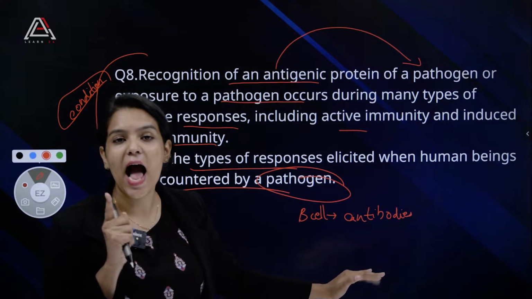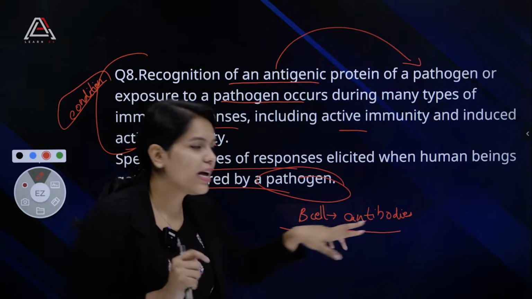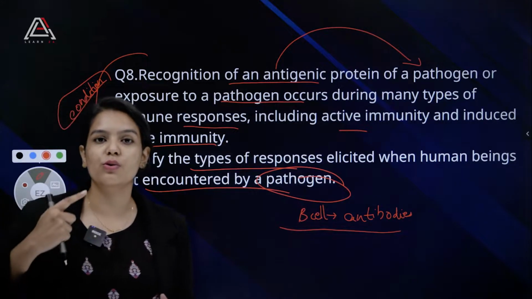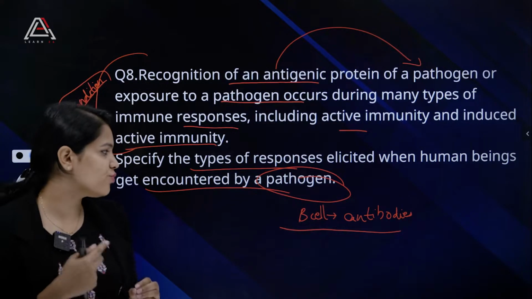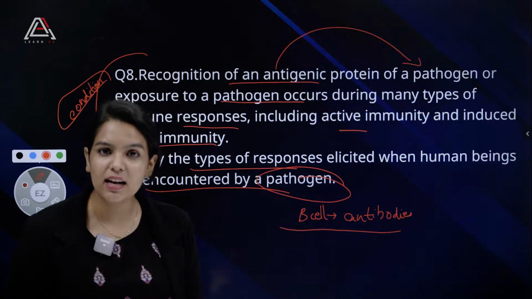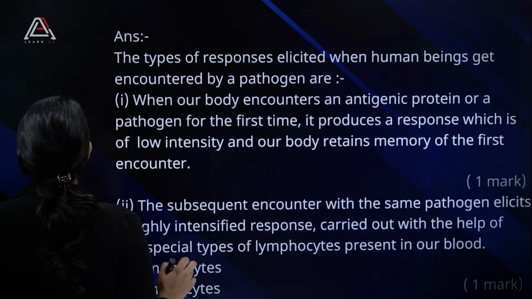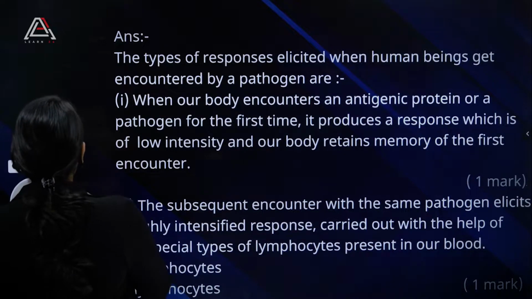What is it called? Antibodies, alright. So they are producing these antibodies in response to those high grade pathogen responses, and T cell is basically helping the B cell to produce this army of cells. Alright, let's see the answer, whether they have mentioned what I have talked about.